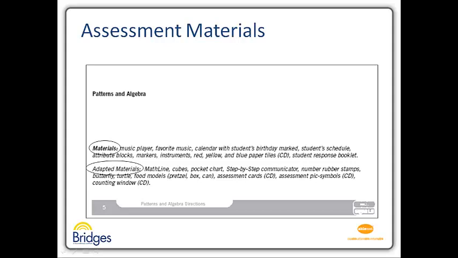So these are materials that the student who requires no adaptations, who is going to do all typical items, will be able to use. If you have a student that requires some adaptations due to motor issues, communication struggles, there are a variety of reasons that we might provide adaptations, then you will want to have these materials on hand. Again, I'm going to share with you a really effective way to keep track of these materials.